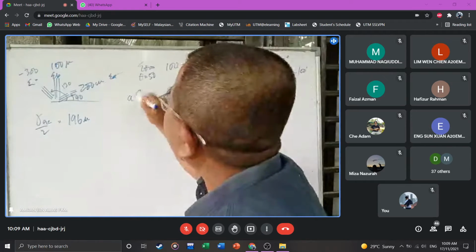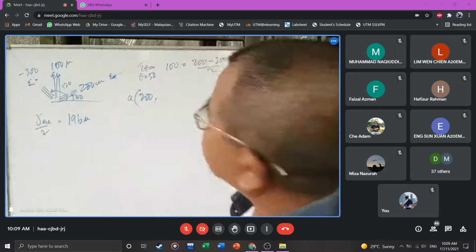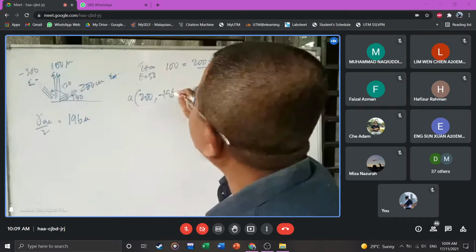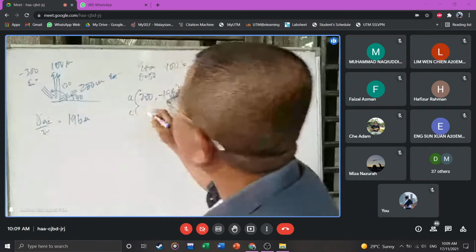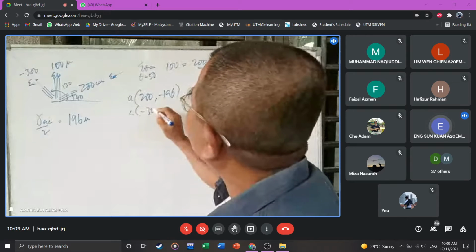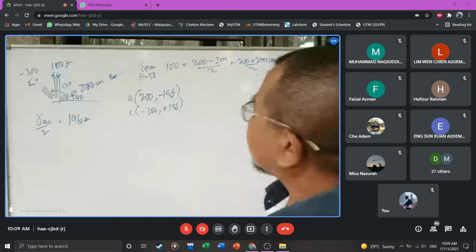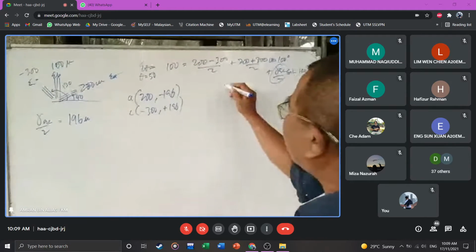And then I write down what is A. A point is 200 and negative 196. And C point is negative 300, positive 196. This is the basic information. Then what is the Mohr circle?